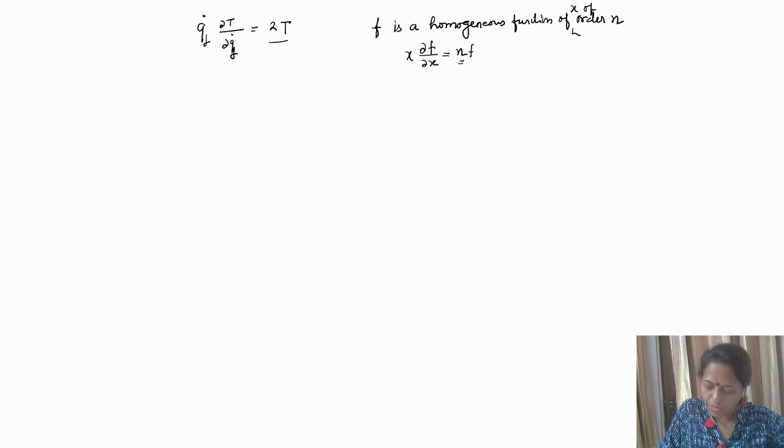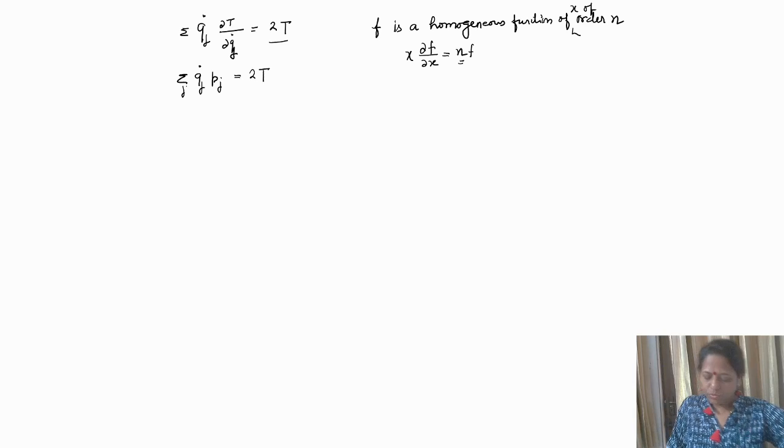So in place of n I have written 2. So q_j dot delta T by delta q_j dot, that is p_j, is twice T.